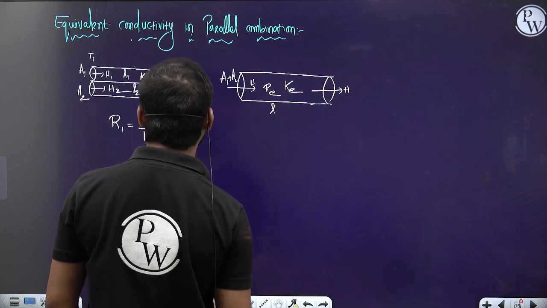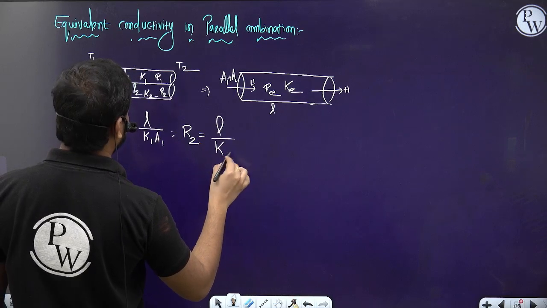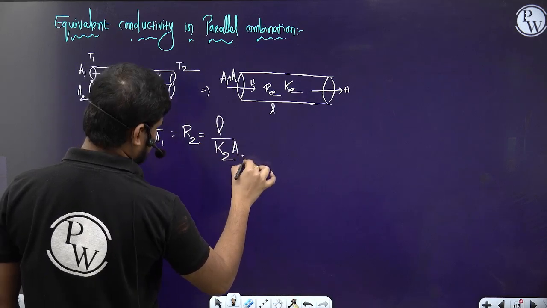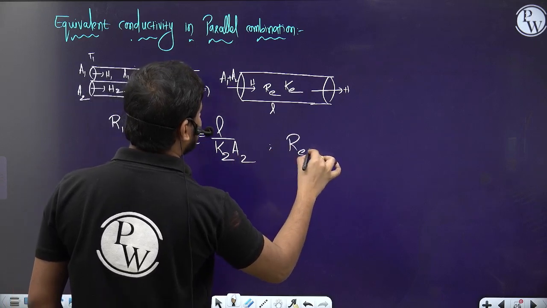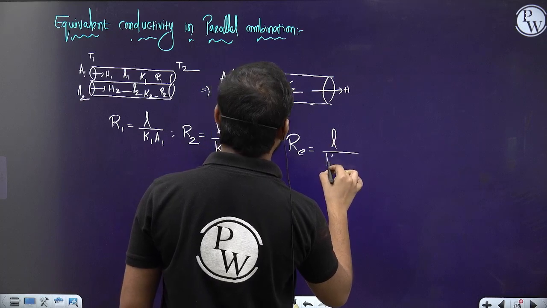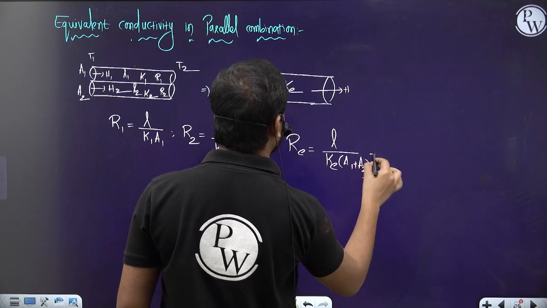Let the length be L only, instead of taking different lengths L1 and L2. Then R equivalent will become the total length L by K equivalent into (A1 plus A2). Done. Now you can substitute the values.